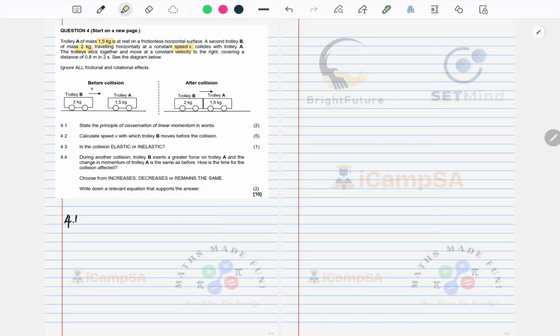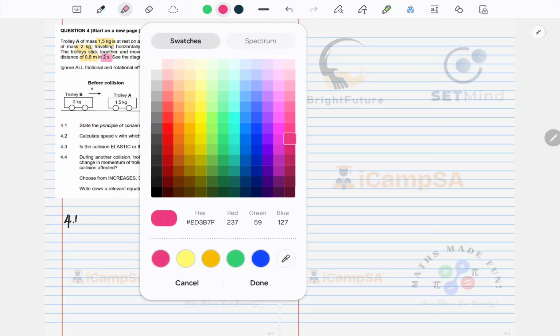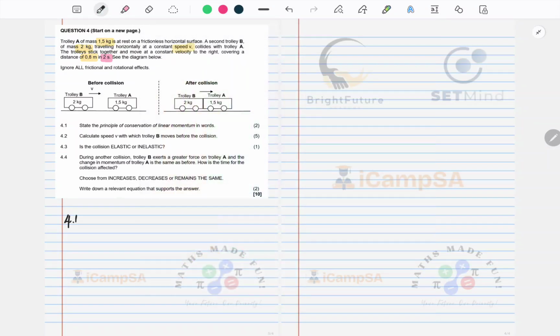It collides with trolley A, right? The trolleys stick together and move at a constant velocity to the right, covering a distance of 0.8 meters in 2 seconds. Okay, this is our data. This is very important for us. We're going to be using this.